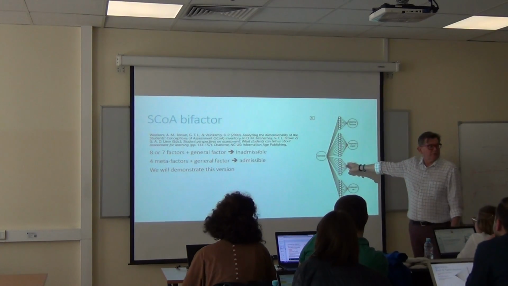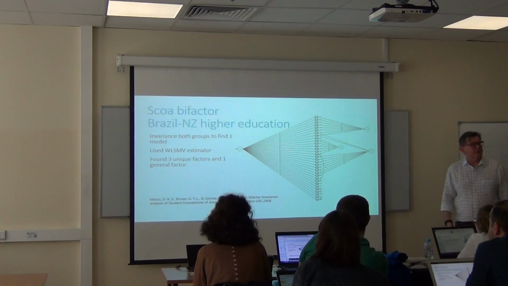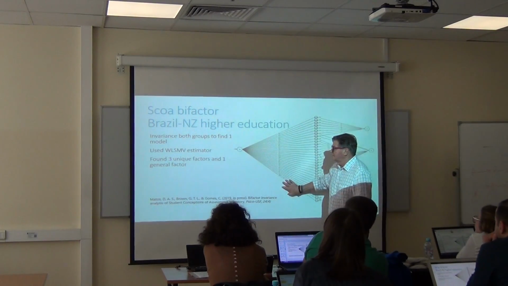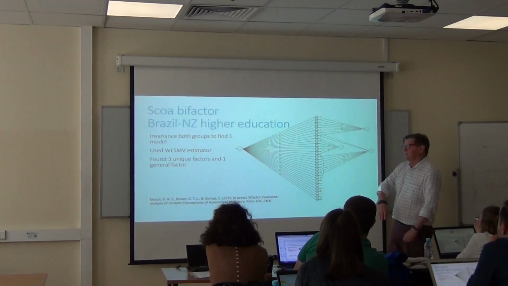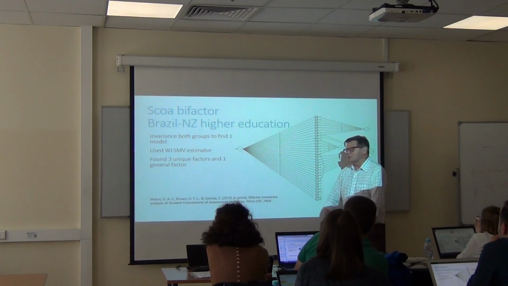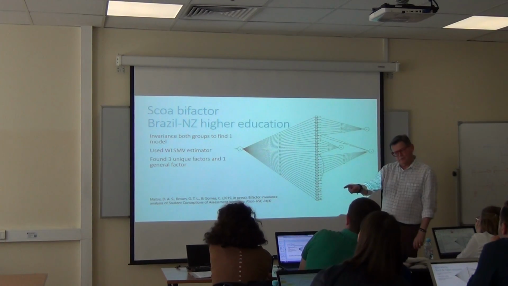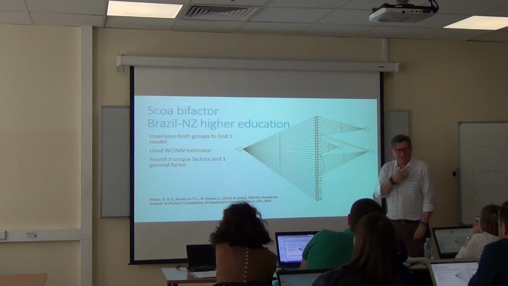We'll get to practicing with this. My colleague Daniel Matos took the Brazil data and compared it to the New Zealand data, and he used the general and bifactor models, and he and his colleague Cristiano Gomes did the number crunching, and I kind of looked on and went, wait a minute. And you can see one of my things I hate is evil.